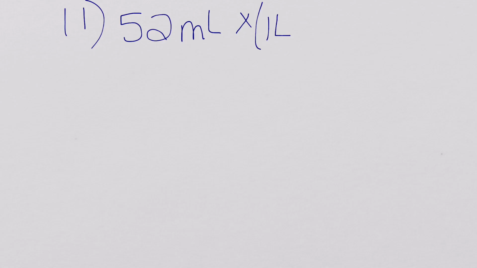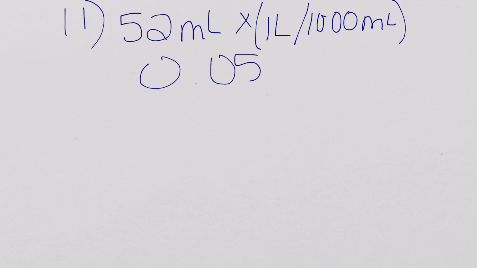But for the purposes of this, it's 52 mLs. You're converting that to liters. So then you would just multiply that by your conversion factor, which would be your 1 liter over 1,000 milliliters. And your answer should then be 0.052 liters.